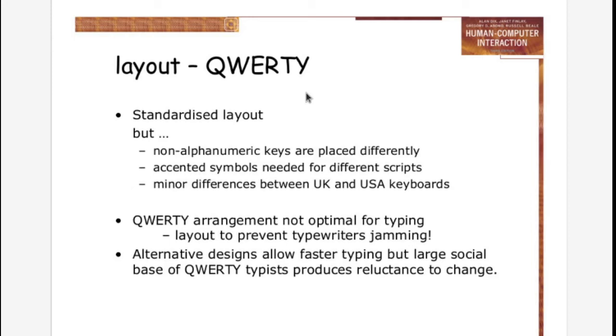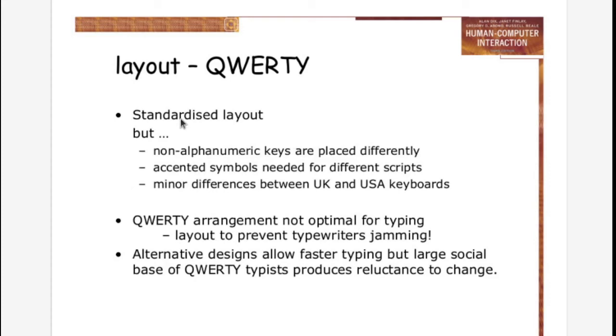But in your laptops, for example, you don't have these numeric keys, or maybe they are very small and their position is also changed. Yes, and also there are some minor differences between UK and USA keyboards.